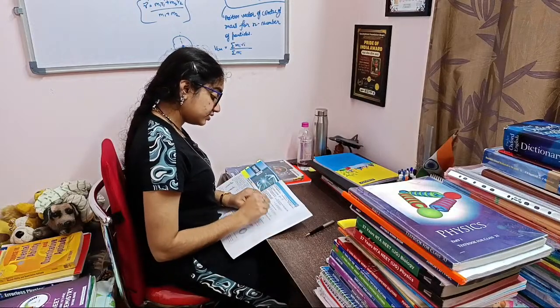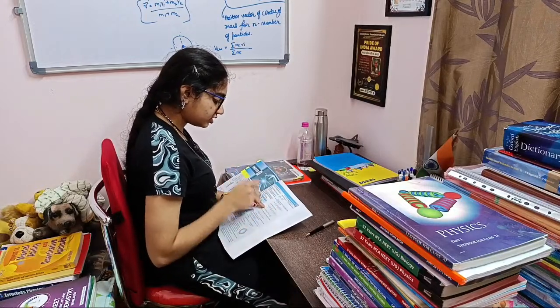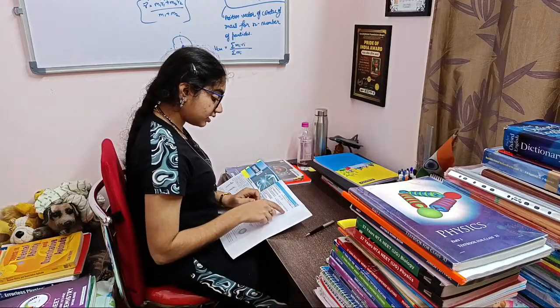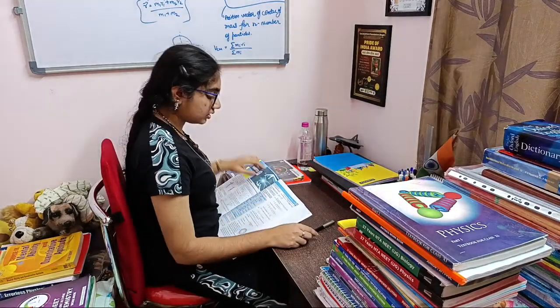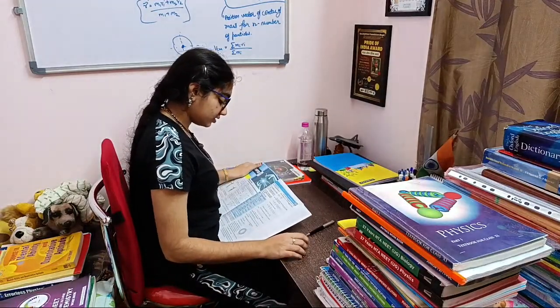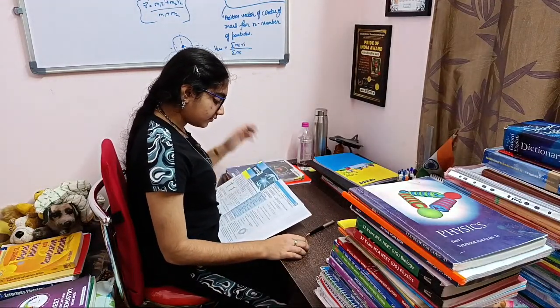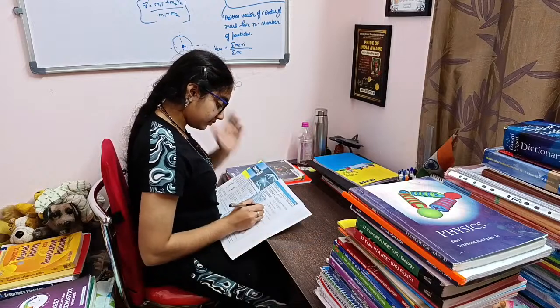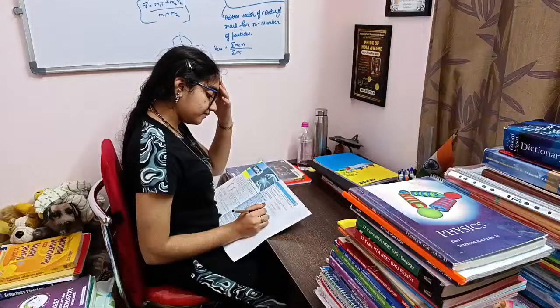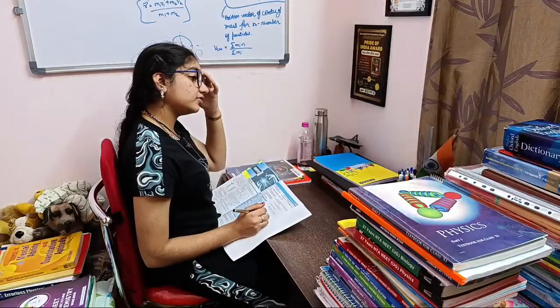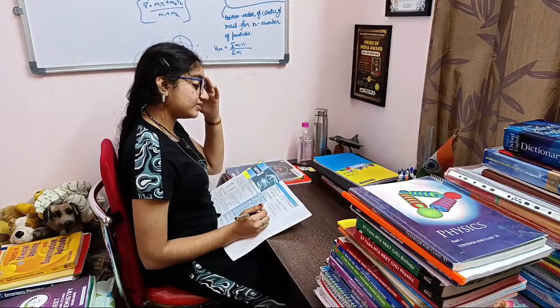Whereas acceleration of center of mass is a slight change. It's going to be d square r bar by dt square. For a force on a rigid body, F bar equals m into a bar. Force equals m into a, Newton's second law.